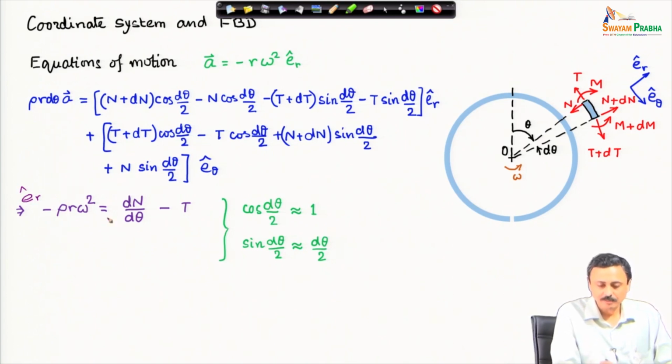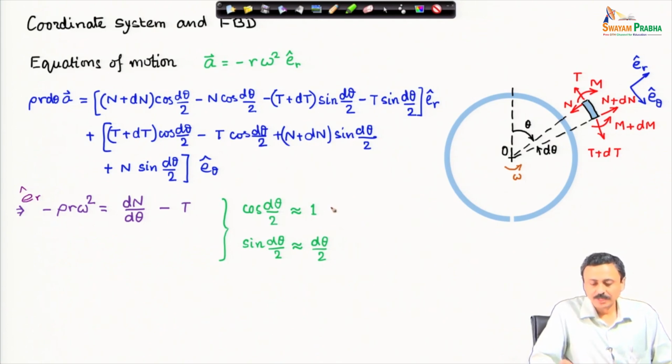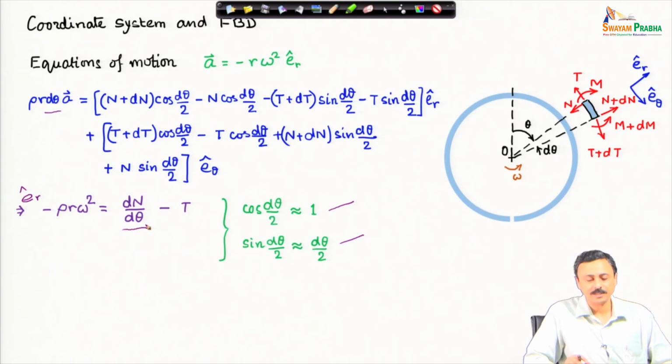Here I have made some simplifications. I have approximated cosine d theta by 2 as 1, and sine d theta by 2 as d theta by 2, and I have also dropped the second order small terms. I have taken this d theta from the left hand side to the right hand side, and that is how I get dN by d theta, etc.